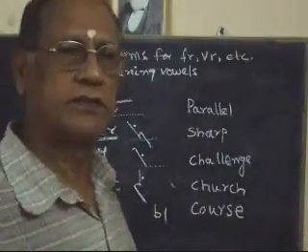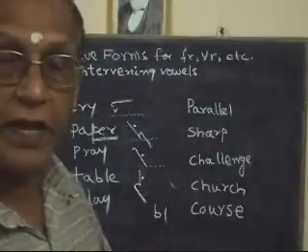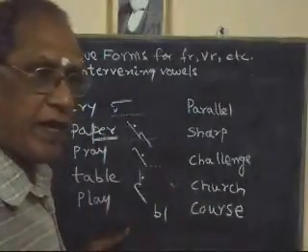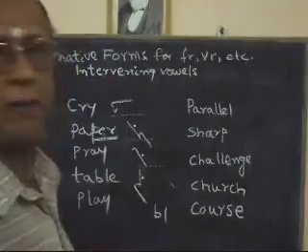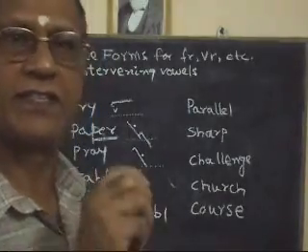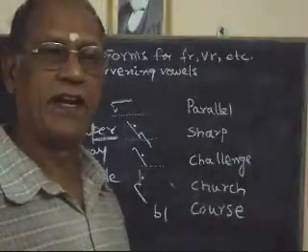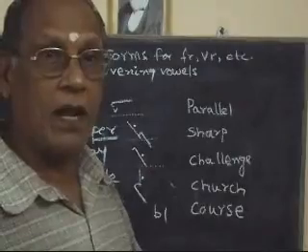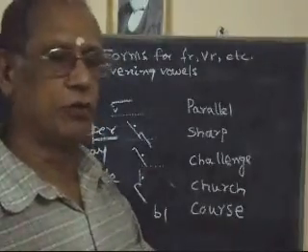Speedily pronounced. No time gap between the stroke and the hook. You don't find any sound there. Table. Yes, there is some time gap there, but while pronouncing bell, no time gap between two consonants.